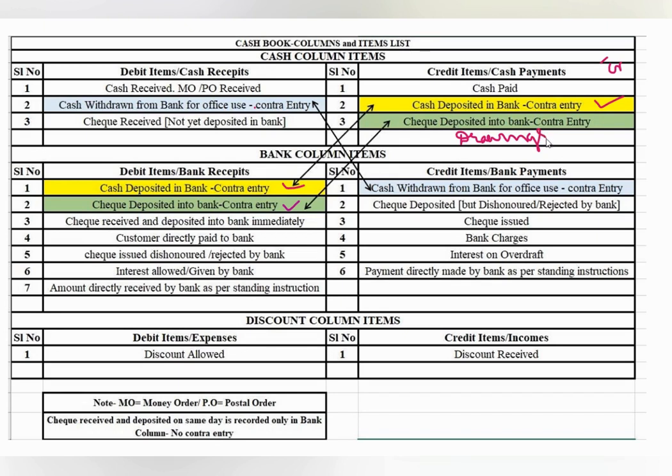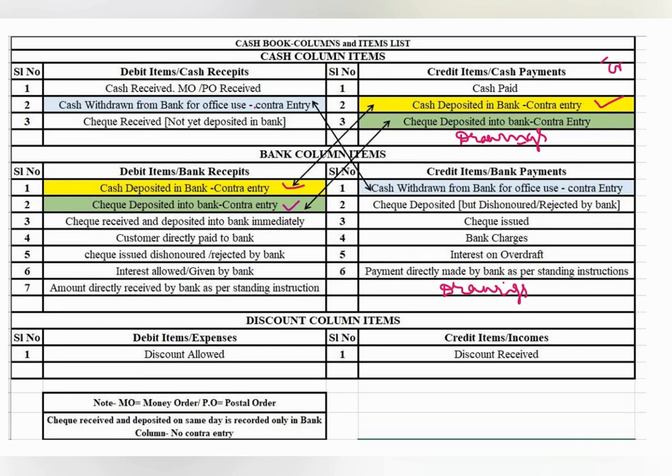Or if cash is drawn for personal use, then it becomes cash drawings that should be recorded on the credit side. If cash is drawn from the bank for personal use, that should again be written as drawings from the bank account, that is personal use.